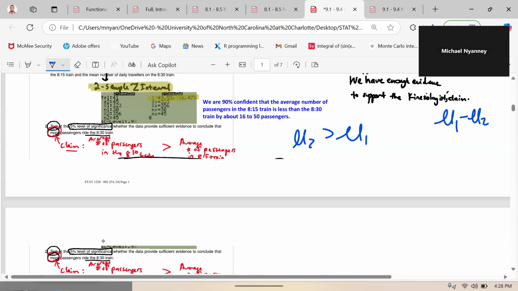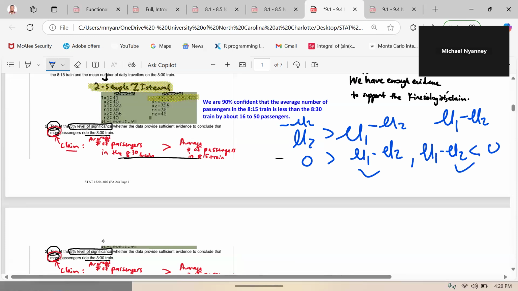So how do you write this? I have to subtract mu2 here, minus mu2 there. So here will be 0 is greater than mu1 minus mu2. How do I rewrite this so that it becomes the first form? So this will be mu1 minus mu2 is less than 0. These are the same, but we prefer to write this. So now my D naught is 0.